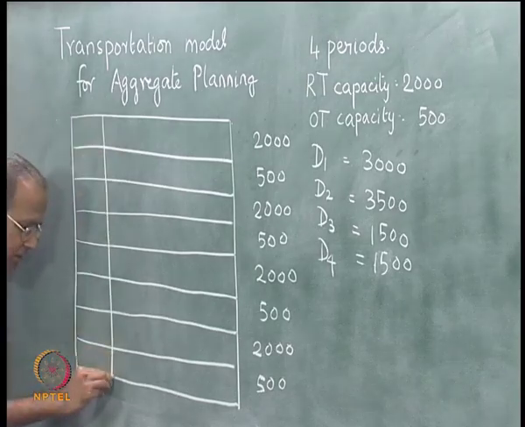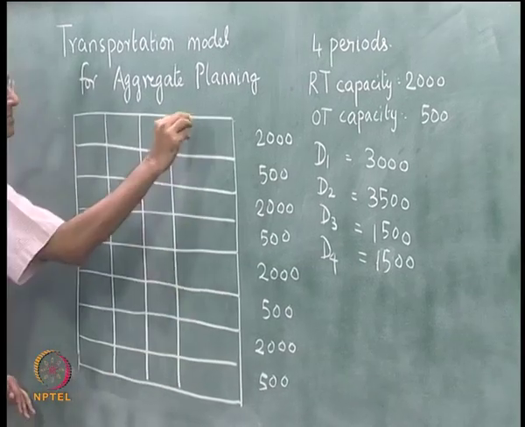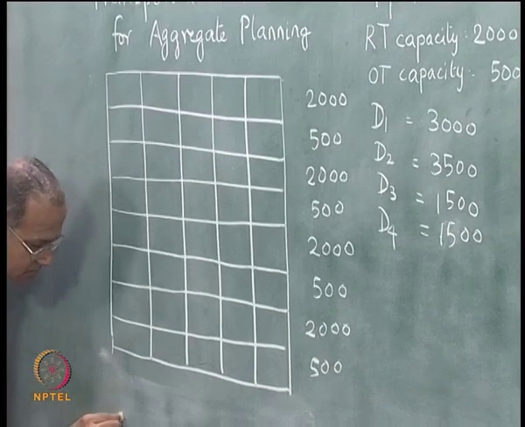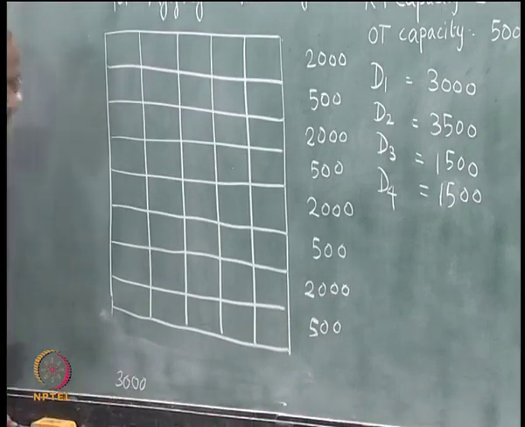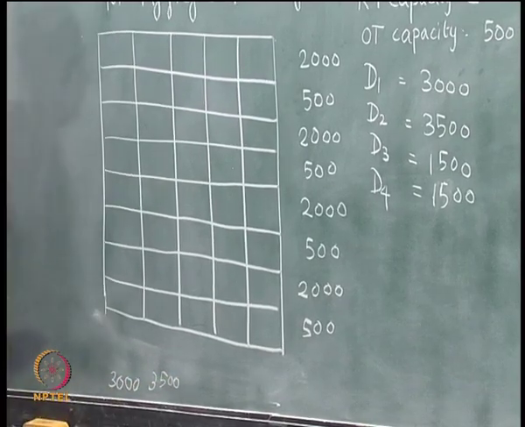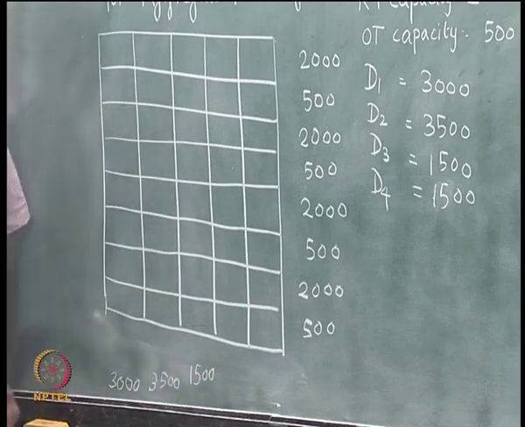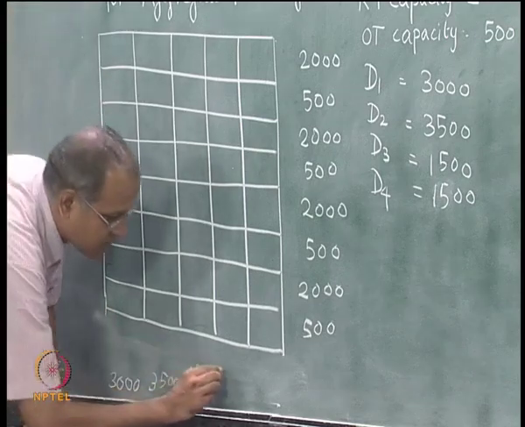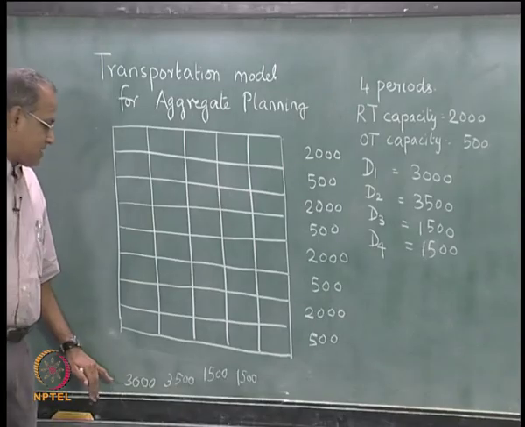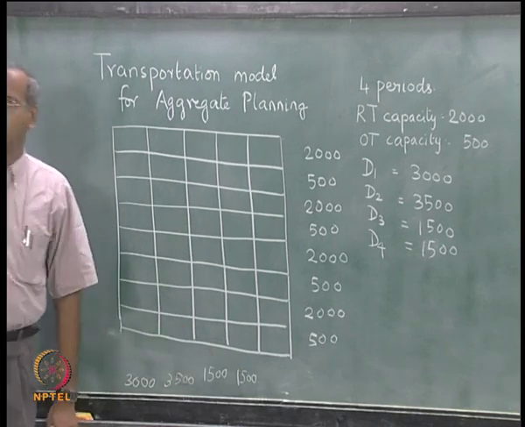So we start drawing the 4 demand columns. The first period demand is 3000, the second period demand is 3500, the third period demand is 1500, and the fourth period demand is 1500. So the 4 period demands are written as 3000, 3500, 1500 and 1500 respectively.